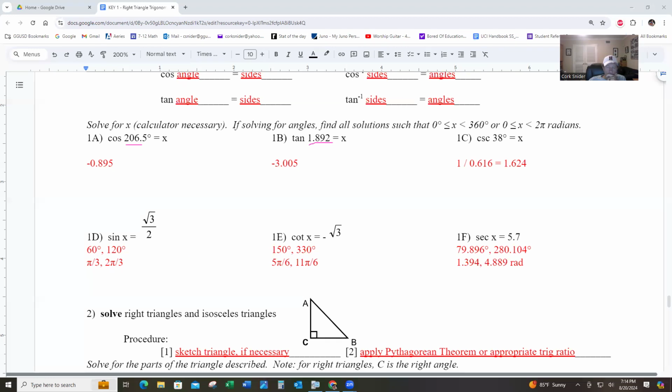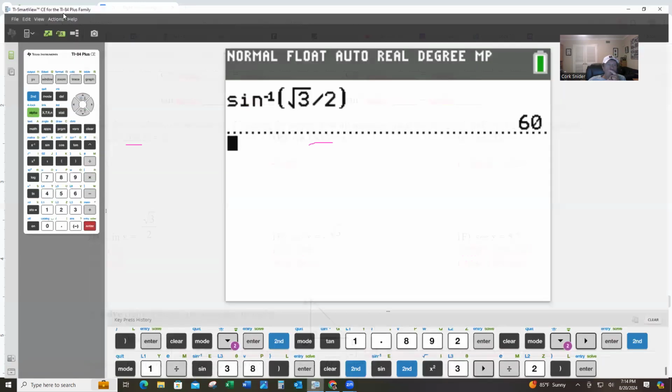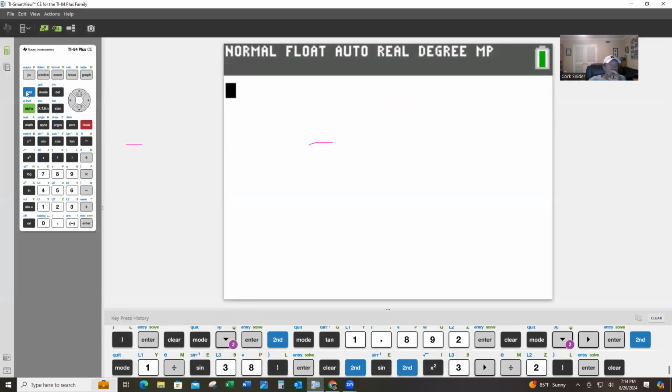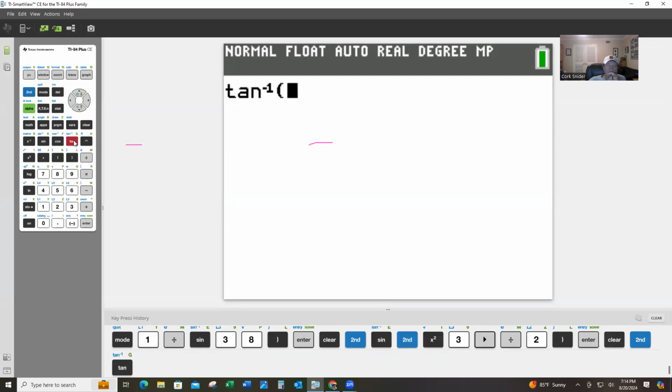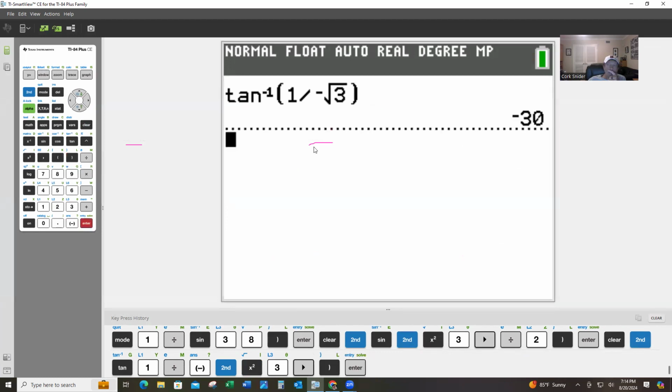So I'm going to go second tangent of 1 divided by negative radical 3. And then I'm going to close parentheses. And you get negative 30 degrees.